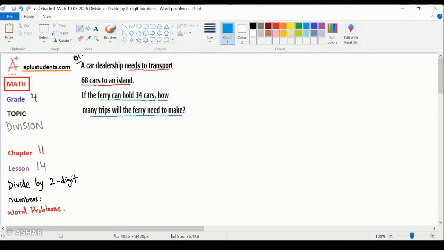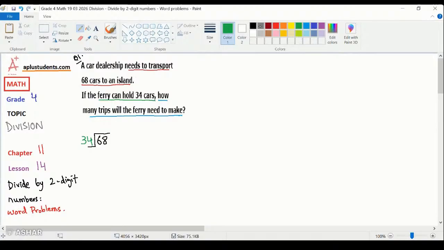So what we need to do is divide. 68 needs to be divided by 34.